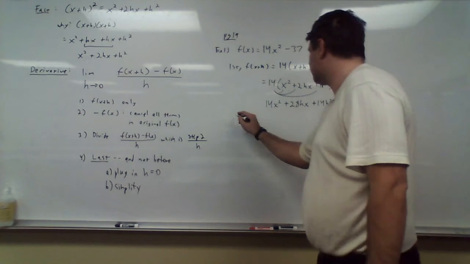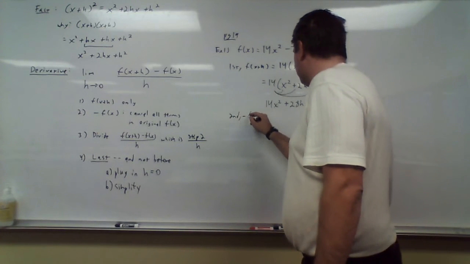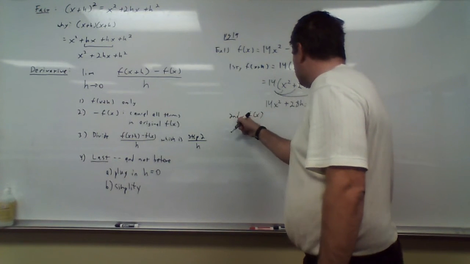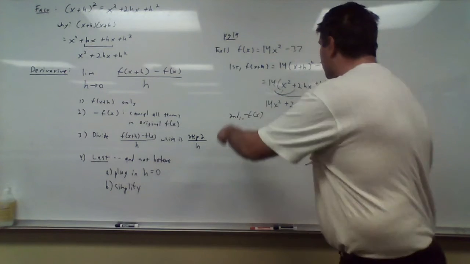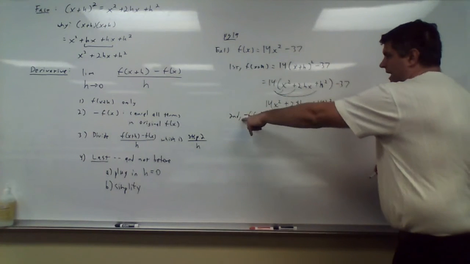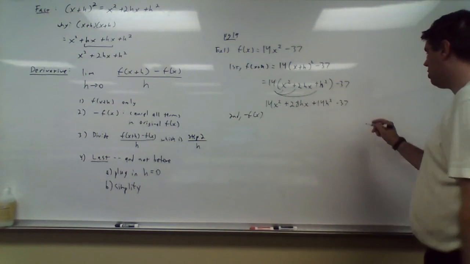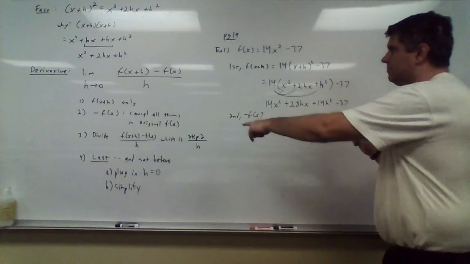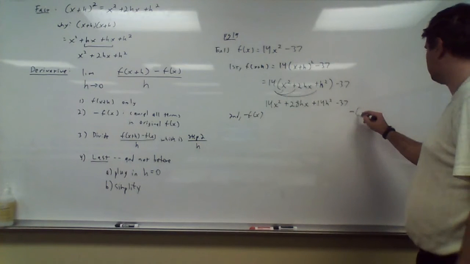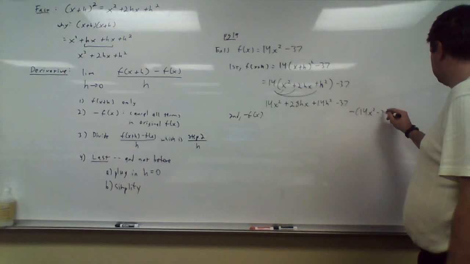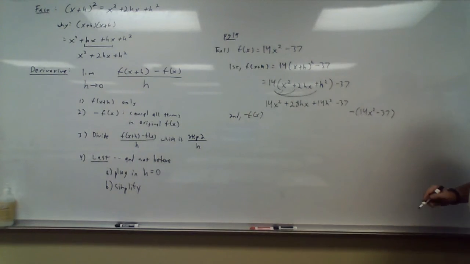Okay? Second, minus the f of x. So we have finished the first step. Now we'll do the other step, which is to subtract the original f of x. Okay?